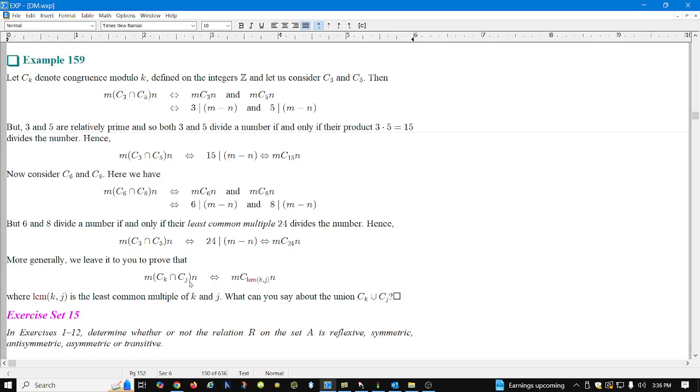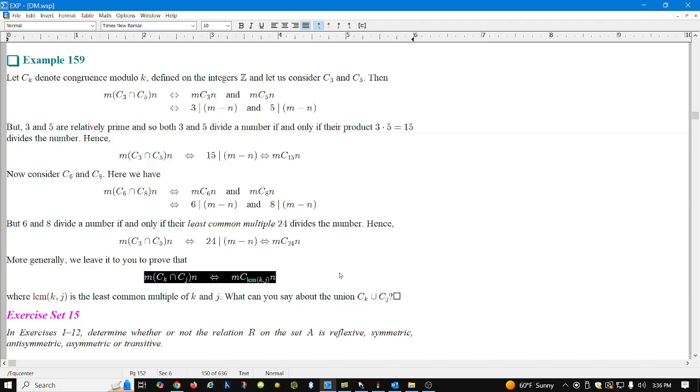M is related to N by the intersection, congruence mod K intersect congruence mod J, if and only if M is congruent to N mod the least common multiple of K and J. This works when K and J are relatively prime and when they're not. When K and J are relatively prime, the least common multiple is the product.